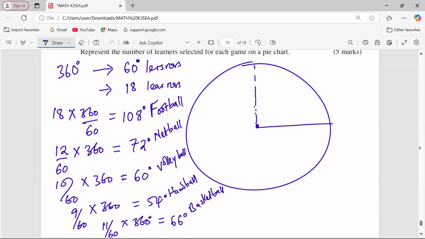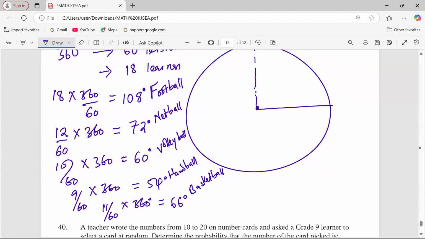Let me check my protractor so that I estimate the angles very well or with a higher precision, though they are estimations because my circle is already not very perfect. I begin with 108.